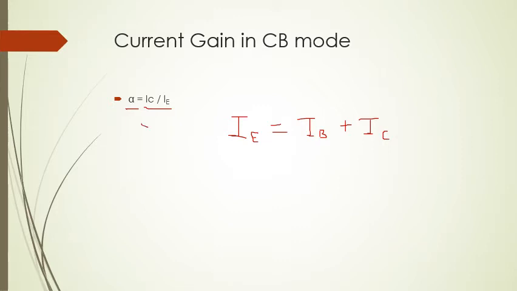So this ratio is always less than 1. Most probably it is less than 1. So this is about the current gain in CB mode denoted by alpha.